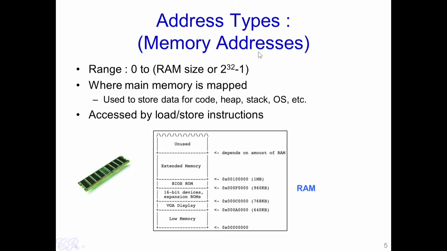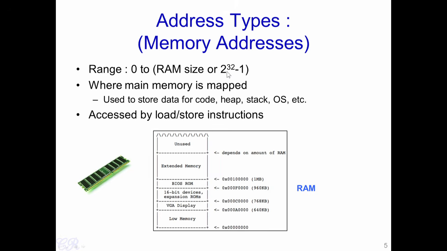So, the memory addresses, most systems would have a large amount of such memory addresses, corresponding to addressing the RAM. Each memory unit in the RAM is given a unique address. For instance, the RAM in a typical Intel system with 32 bits could be of size at most 2 power 32.